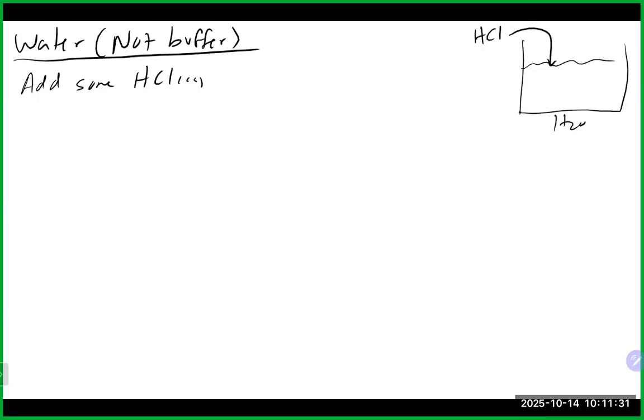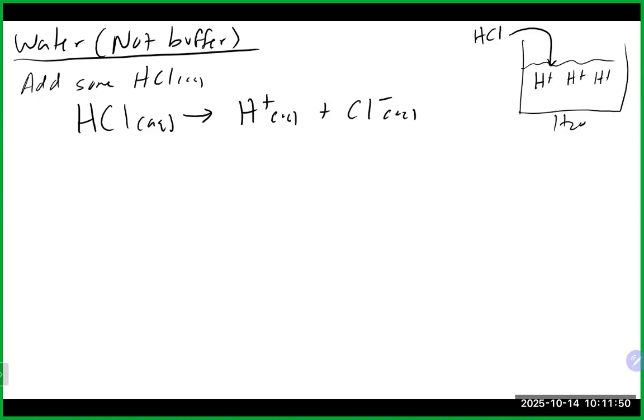And as I just mentioned a second ago, when the hydrochloric acid goes for a swim, it is going to completely break apart, as it's a strong acid, into H plus and Cl minus. So at this point, what you just did is you just introduced into this solution a lot of free H pluses really, really quickly. So we have a lot of free H pluses.